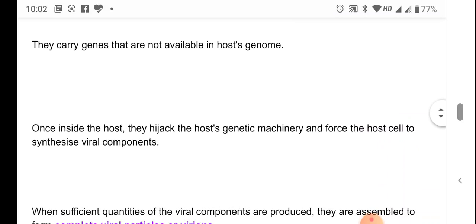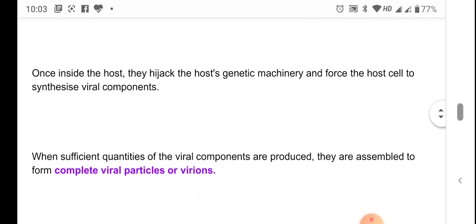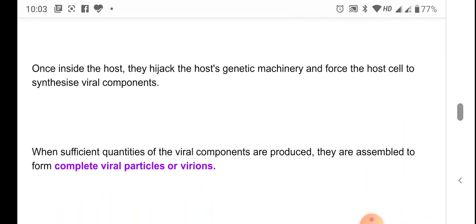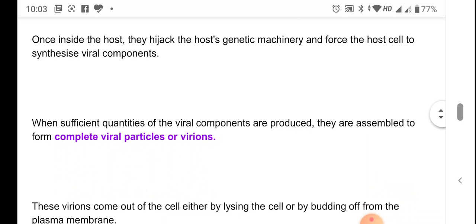So once inside the host cell, they hijack the host genetic machinery and force the host cell to produce viral components. Whatever the virus requires is made by the host cell. And when sufficient quantities of these viral components are produced, they get assembled into complete viral particles, or virions, and are released outside, as I told earlier.